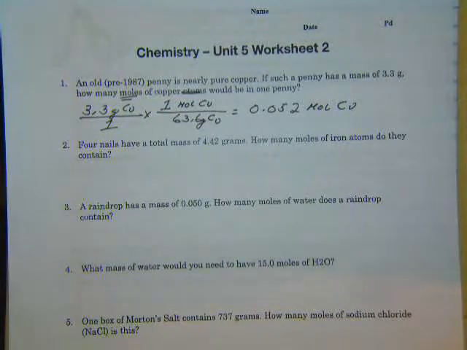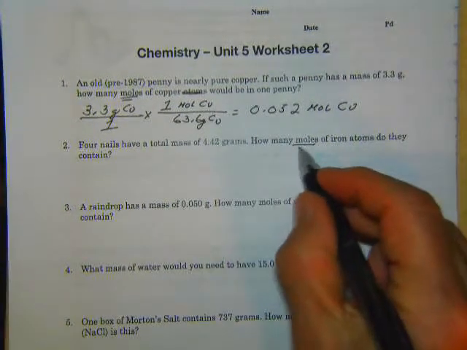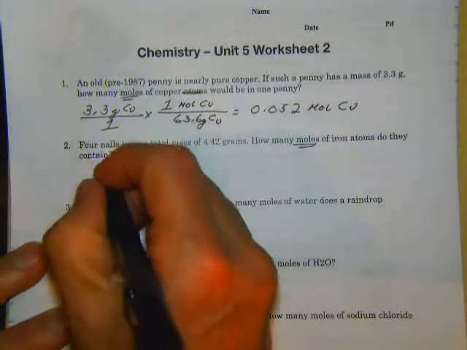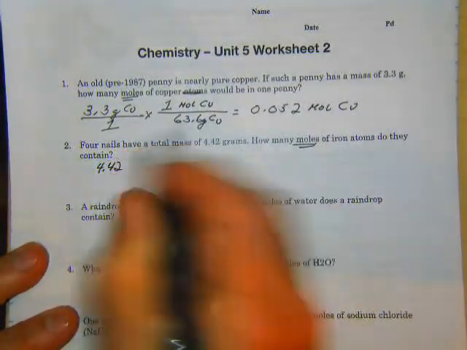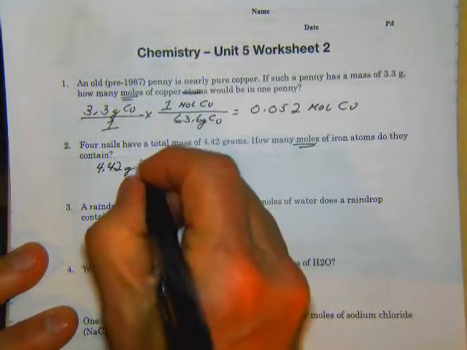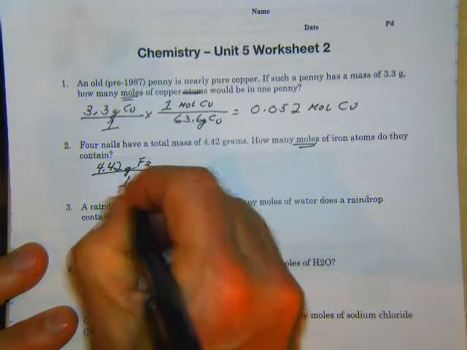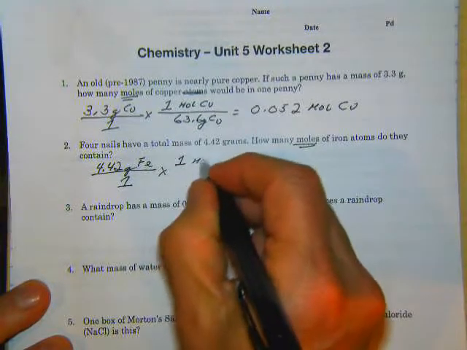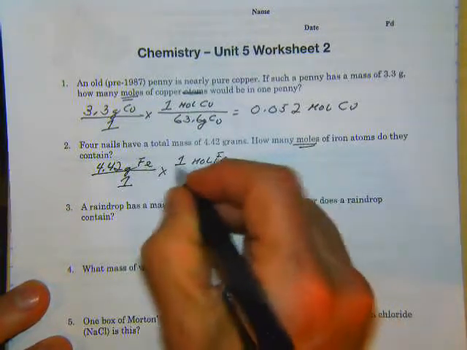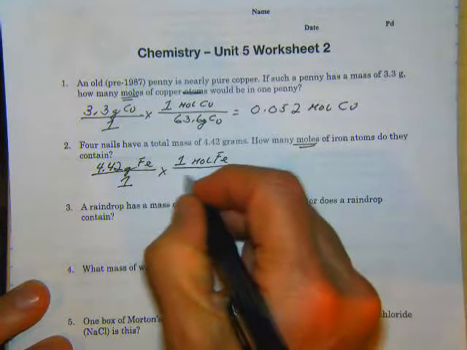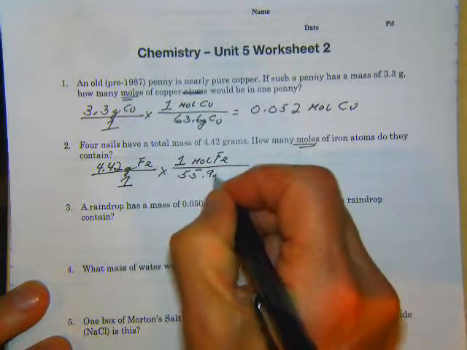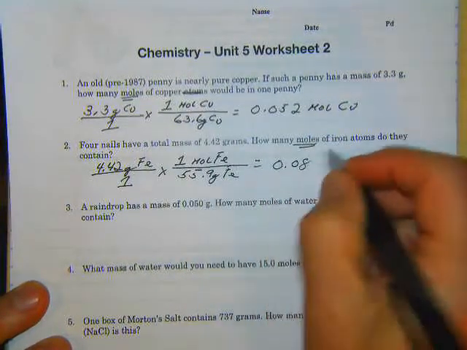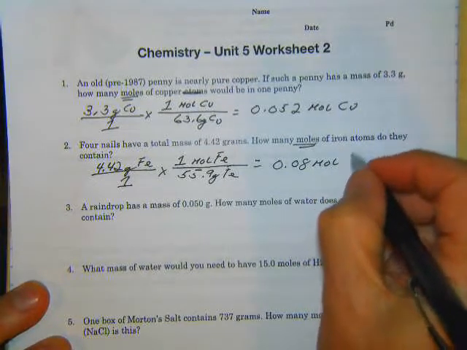Number 2, we've got 4 nails that have a total mass of 4.42 grams. How many moles of iron atoms do they contain? Again, we're really looking for moles of iron. Well, we have 4.42 grams of iron, which is Fe, and we know 1 mole of iron has a mass of 55.9 grams, and that equals approximately 0.08 moles of iron.